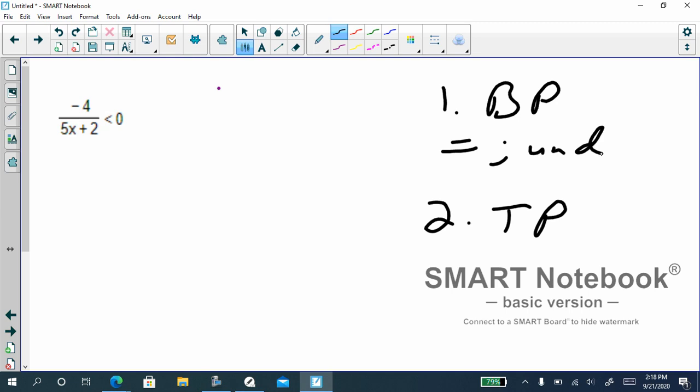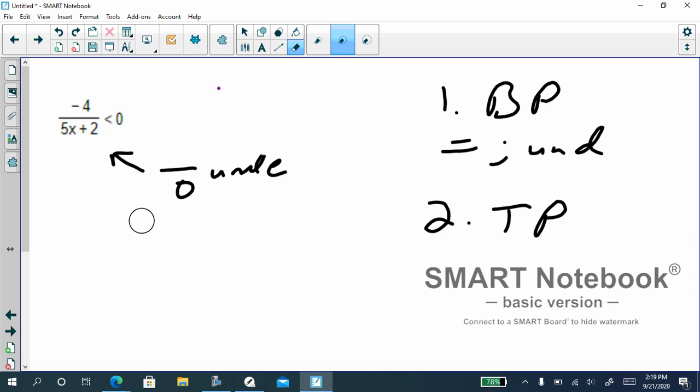Why undefined? Because if we have a fraction, we can't divide by 0. So anything that would make the denominator 0, we're not allowed to have. That creates a break. Even if every other number worked for this problem, if it makes the denominator 0, then it's undefined, which means it can't possibly be part of the solution.